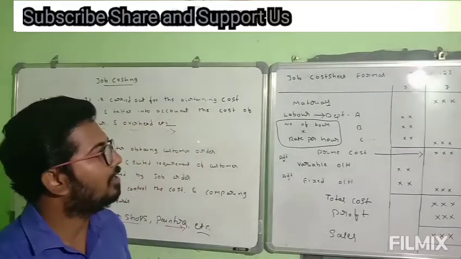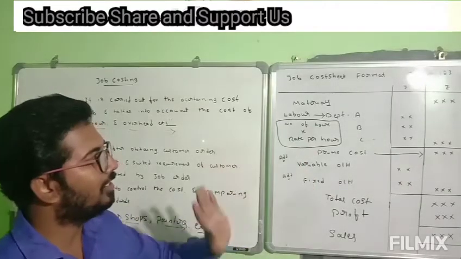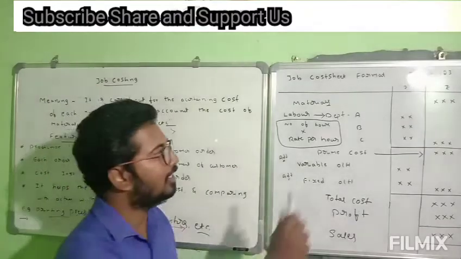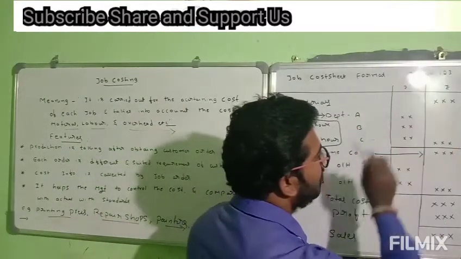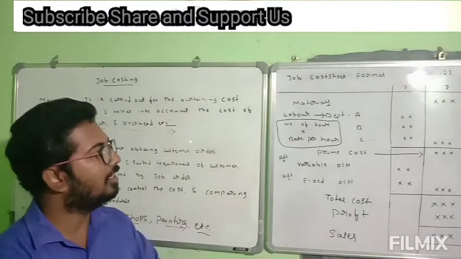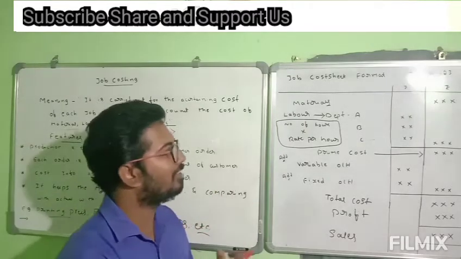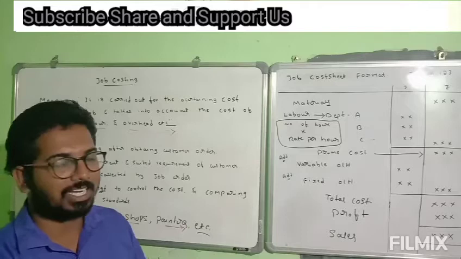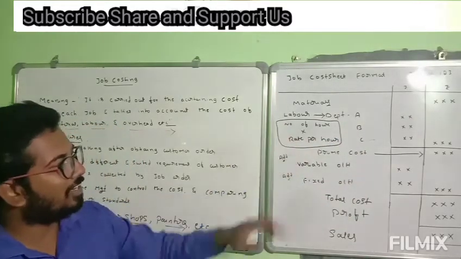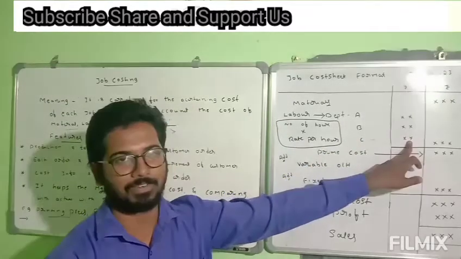explanation of the format. So here it's a job cost sheet format. The first step, we should take the materials into account that they have given directly in the question. So we have to take the materials into account that we post directly to the main column. Then the second step, labor hours or wages, anything that they have given in the question. Department wise, either 3 or 4 departments that they have given, we have to enter separately: A, B, C, D, etc. If they have given the number of hours and rate per hour, we can directly multiply and take it into account here.